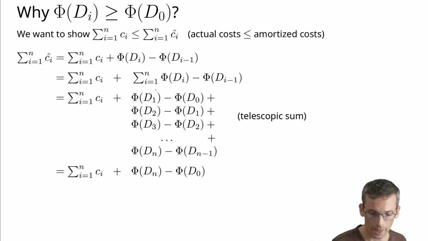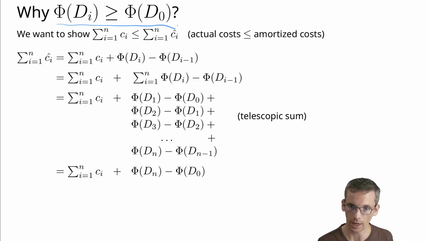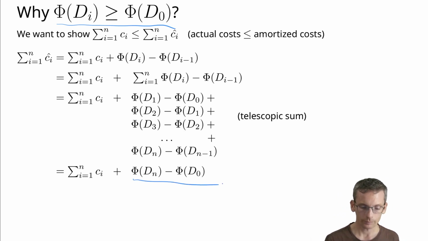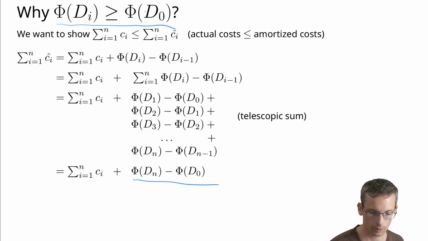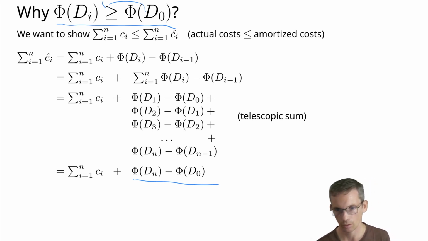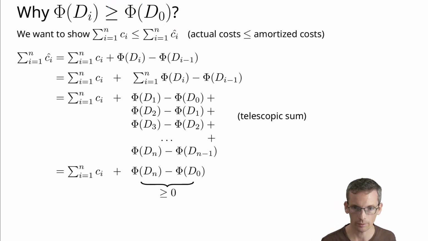Okay, so we had this condition that the potential of Di should always be larger or equal to the initial potential, the potential of D0. This is in particular true for the potential of Dn. Therefore, if I bring D0 to the other side here, I have that potential of Dn minus potential of D0 is non-negative.